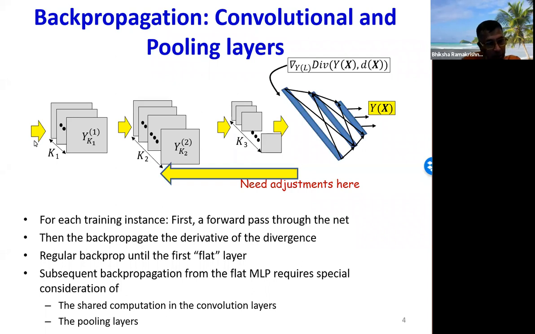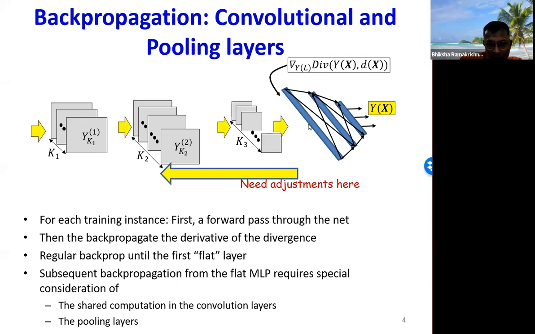We use backpropagation to compute the derivatives of the divergence between the actual and desired outputs of the network with respect to network parameters. When you want to perform backprop on a single training instance, first you pass the training instance forward through the net till you get a classification output. Then you compute a divergence between the output of the network and the desired output, and backpropagate the derivative of that divergence backwards through the net, all the way to the beginning.